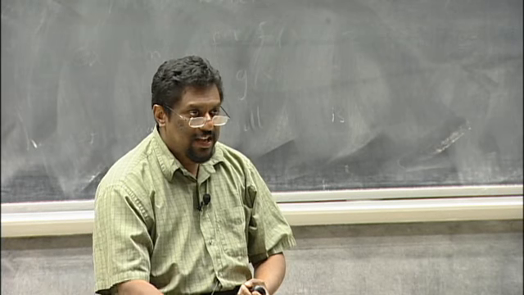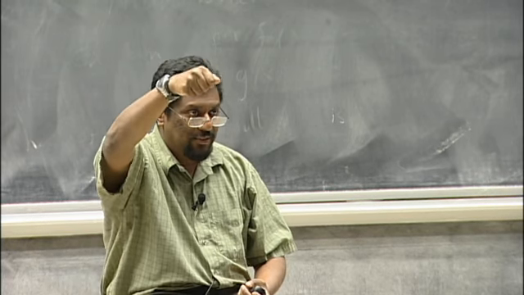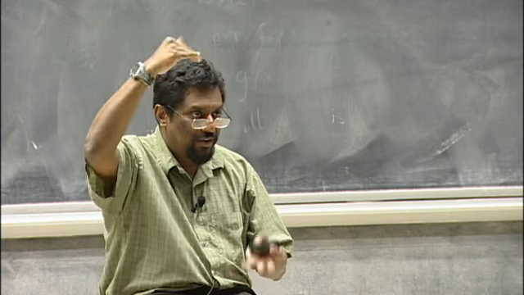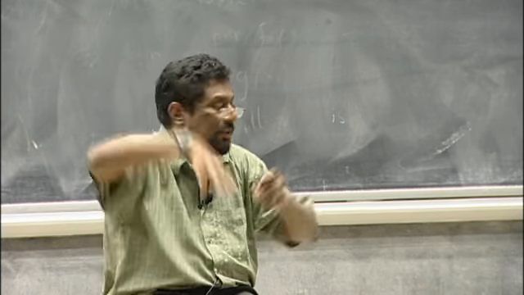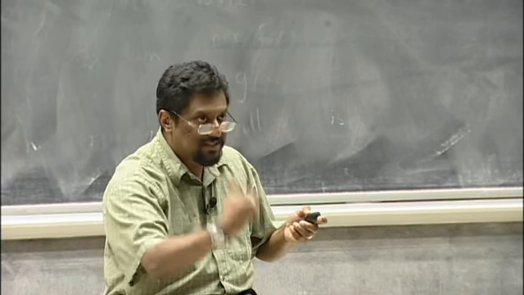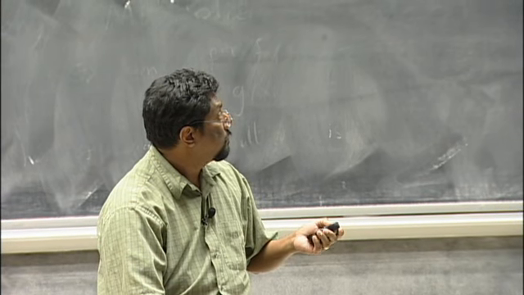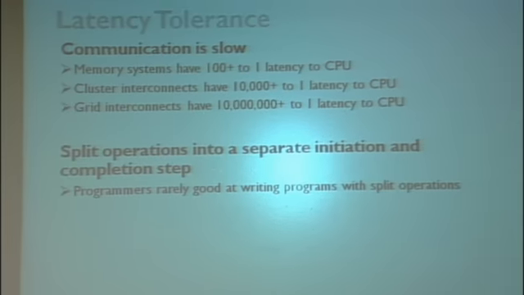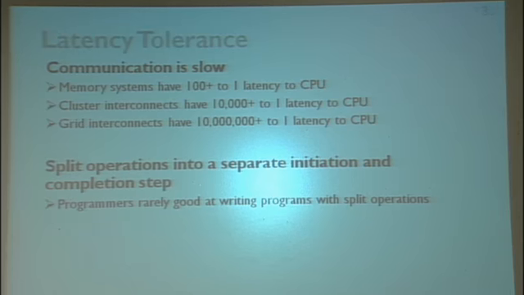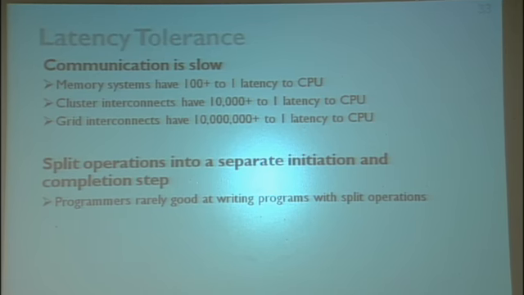So what that means is if you start waiting for something to happen, you're waiting for a long time. So you have to figure out how to put things in there, not waiting. Non-blocking operations are very important because of that. Normally you want to always have split operations.